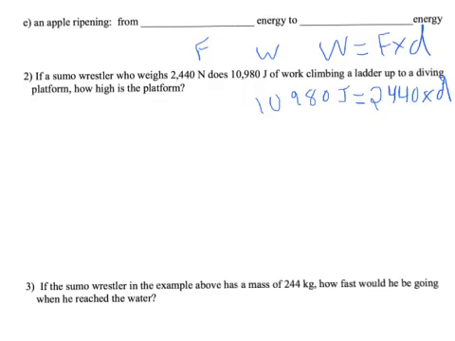Now, to get this by itself, I have to undo what's being done to distance. Distance is being multiplied by this, so I'm going to do the opposite of multiply. I'm going to divide this side by 2440 newtons, and I'm going to have to divide this side by the same thing in order to keep it equal.